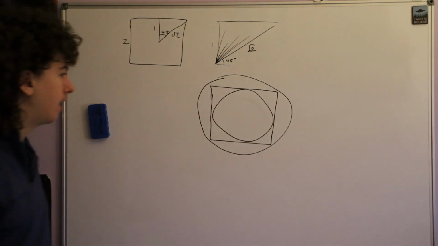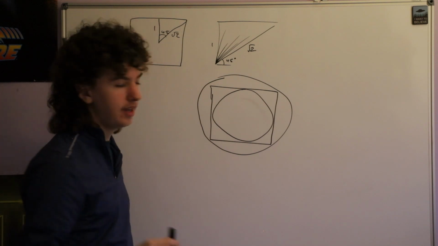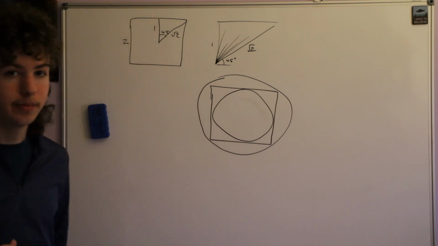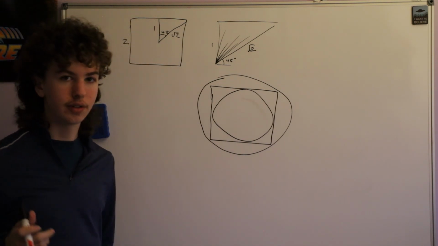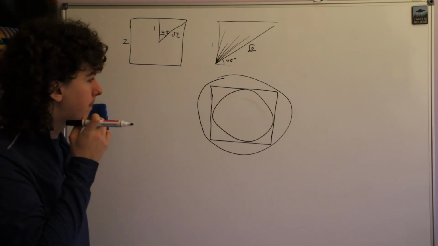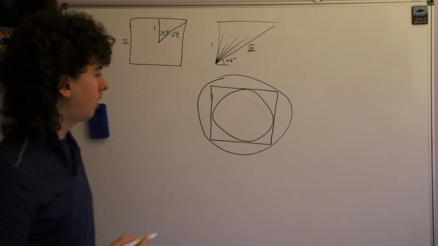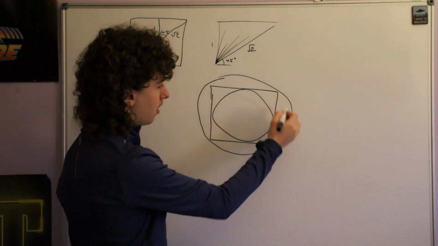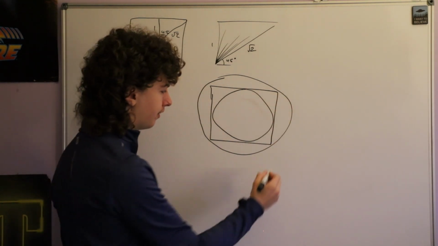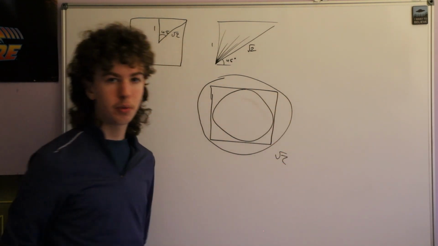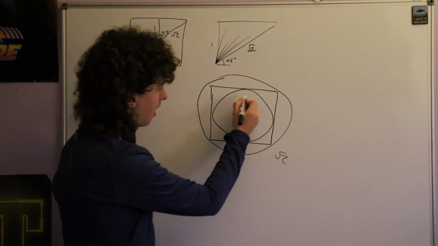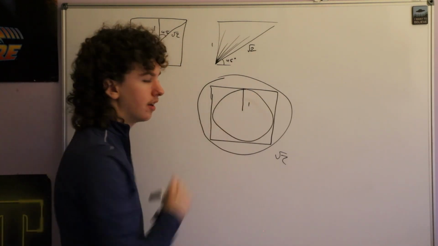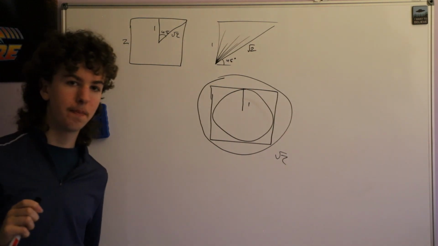Say we take our square and we inscribe and circumscribe circles. Well, we know that the radius of the larger circle is the square root of 2, and the radius of the inner circle is going to be equal to 1.